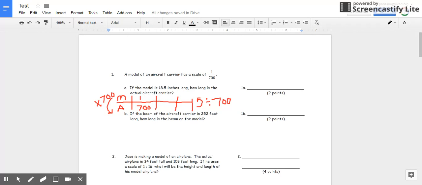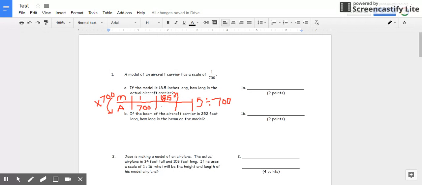So in problem A, it says the model is 18.5 inches. Model is in the numerator. So we have 18.5, and that is going to be in inches. If we're going from the numerator to the denominator, model to actual, we're getting bigger, so we're going to multiply by 700.